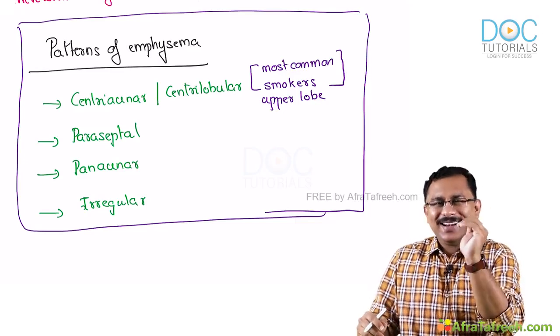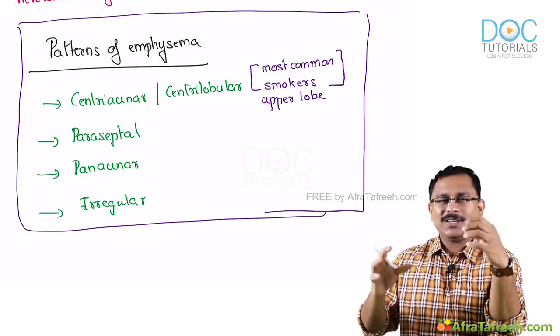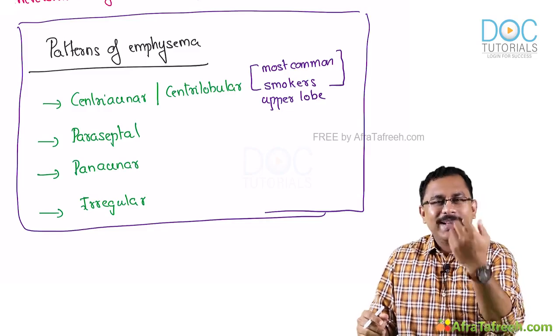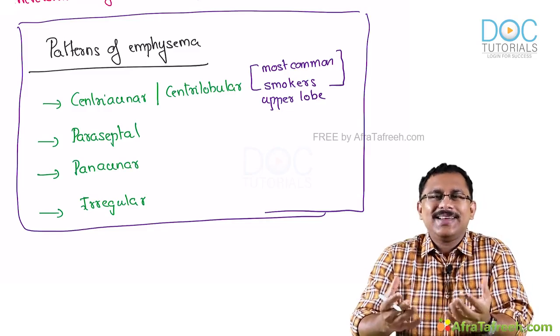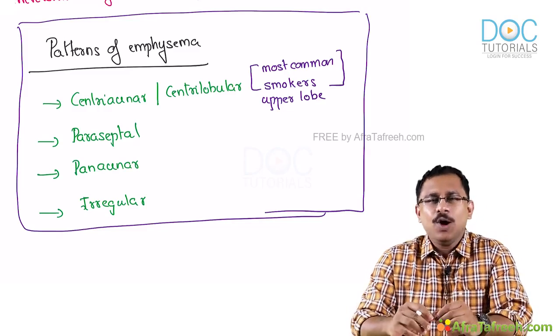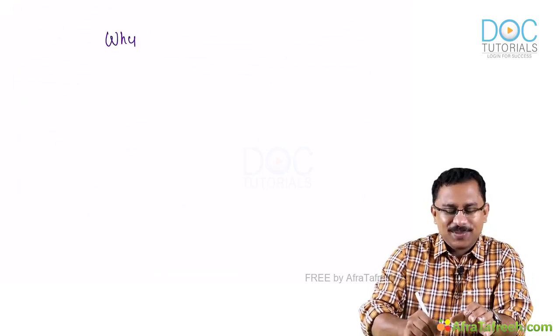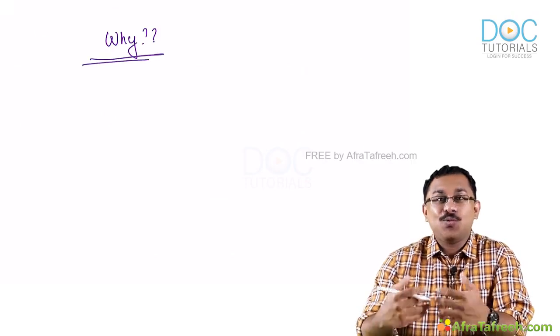Now, having understood the emphysema patterns and what is happening, the next question is, why is there a destruction and dilatation of the respiratory acinus? Why does it occur? Everything in medicine always starts with the question, why? You have got to ask why always.